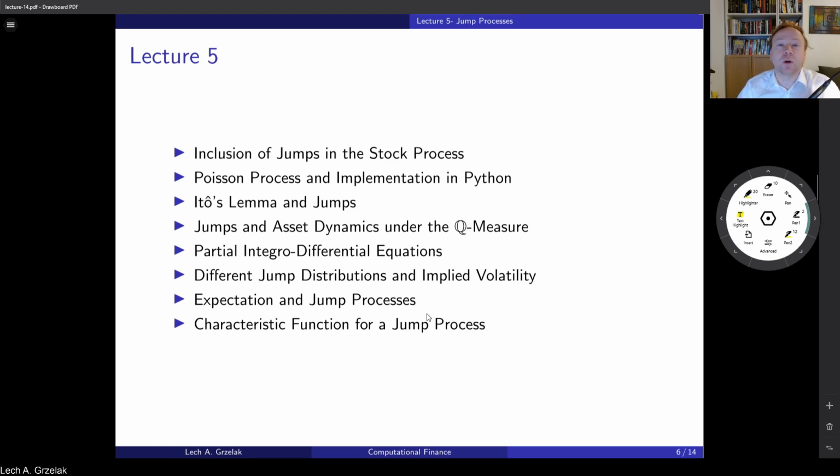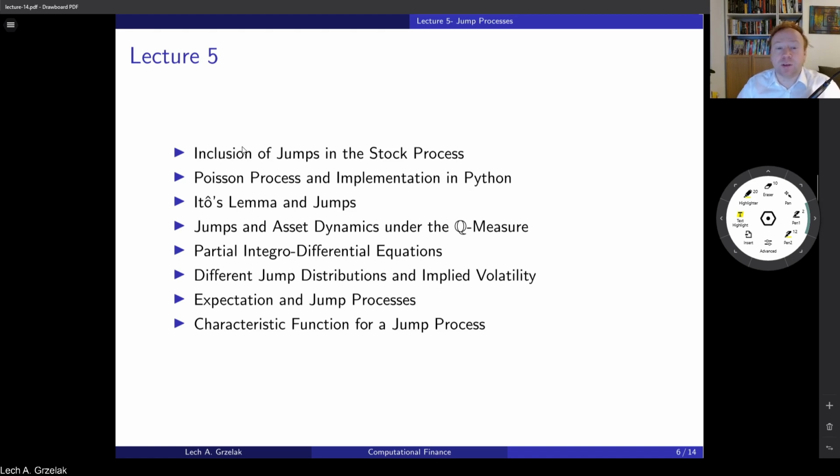They are continuous in a Brownian motion, but in practice, in reality, we see that stocks are often jumping, and that can be done by inclusion of a jump process into the stochastic differential equation for the stock itself.